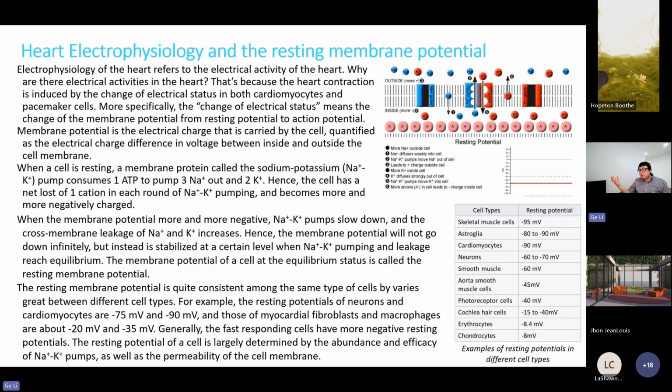So when you have pumped tons of sodium out, the more you pump out, the stronger the sodium ions will migrate back into the cells. And also, the less sodium inside the cells and the more potassium inside the cells, the harder it is for the pump to keep doing this work.